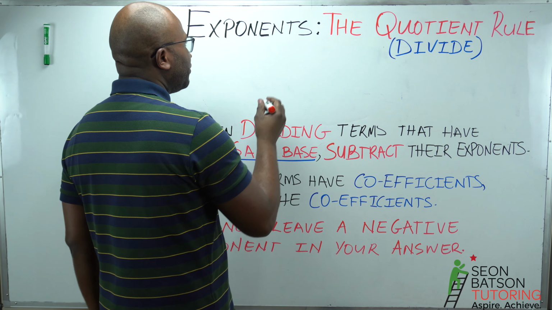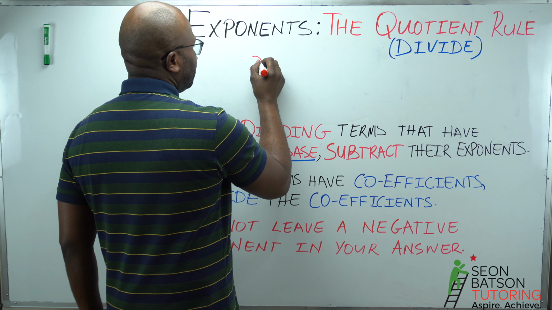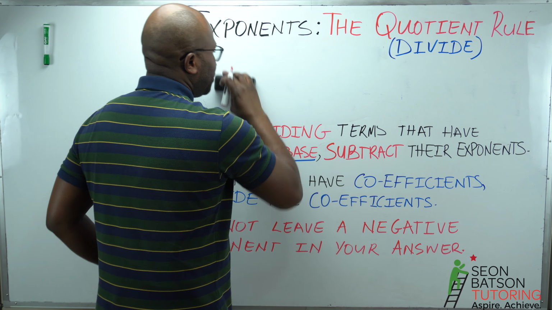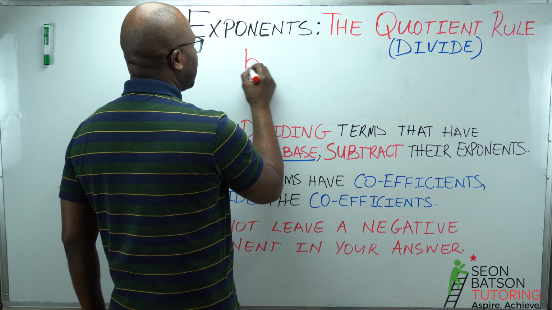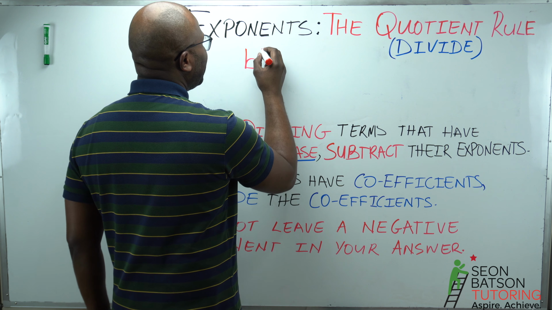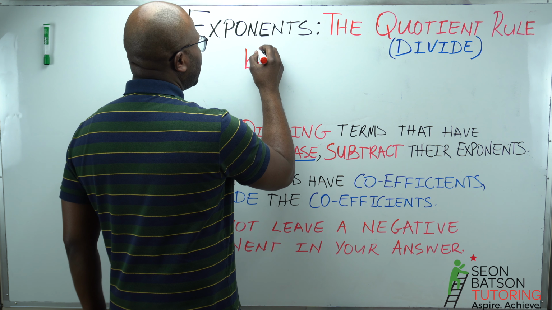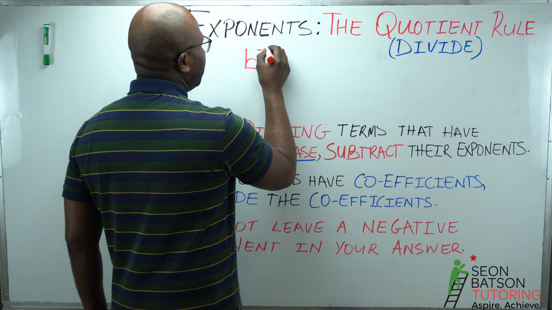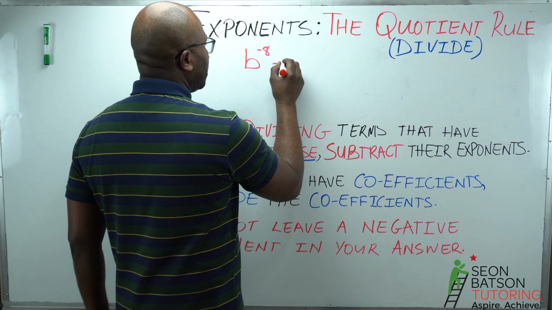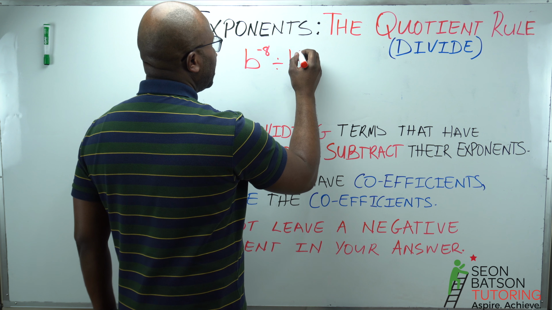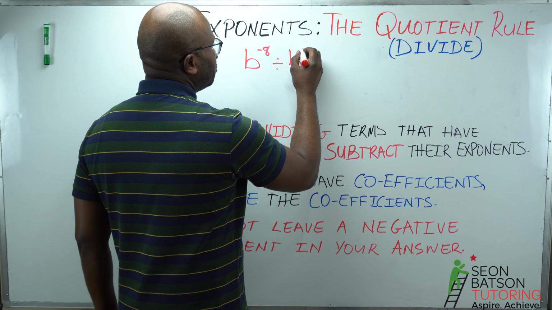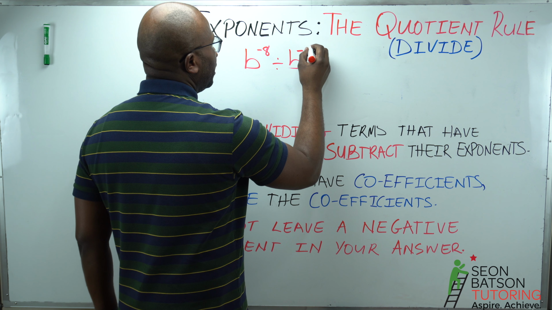Let's say we have, let's choose another variable. I know you guys are tired of seeing x. Let's choose b. B to the, let's say, negative 8th power divided by b to the, let's say, negative 8th power.